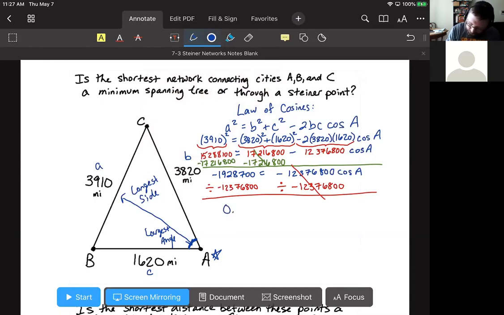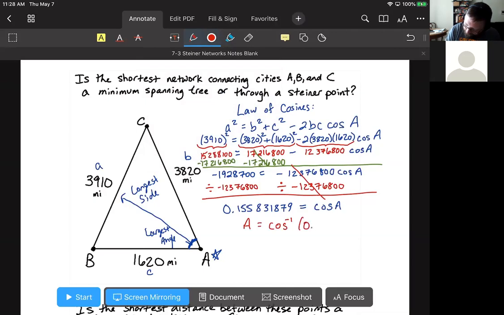That gives us, and keep the entire decimal, okay, 0.31879 is what my calculator shows, is equal to the cosine of angle A. And then our final step, remember that anytime we need to get rid of a cosine, we take the inverse cosine.